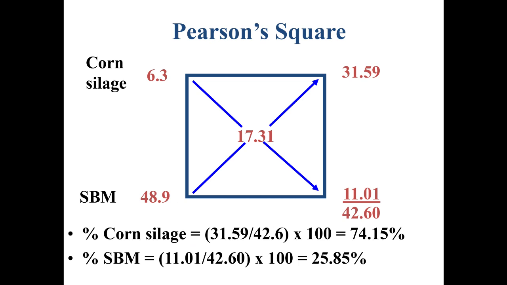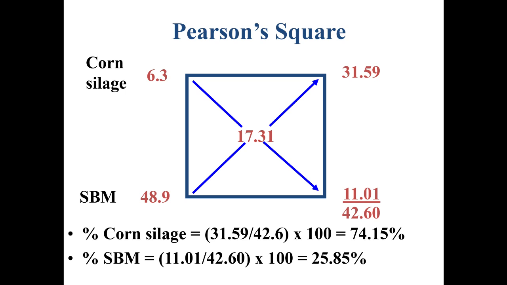And on the left, we have our two ingredients: corn silage, which is 6.3% crude protein, and soybean meal on the bottom left, which is 48.9% crude protein. So then we subtract our diagonals, always the smallest number from the largest.